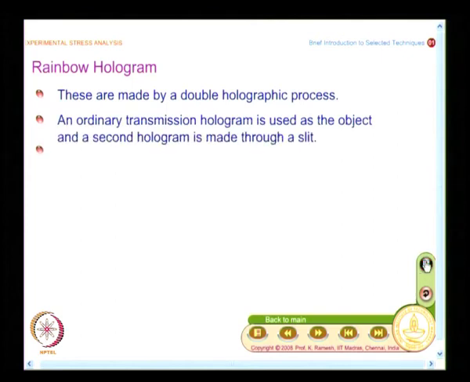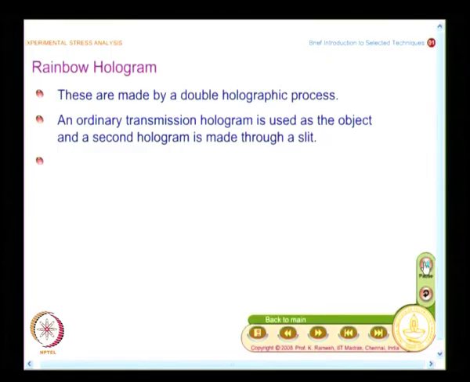And what you have here is, these are made by a double holographic process. An ordinary transmission hologram is used as the object, and a second hologram is made through a slit. It is an optical requirement, and the focus here is, I want to see the reconstruction without going into complicated optics, just normal white light should be good enough.